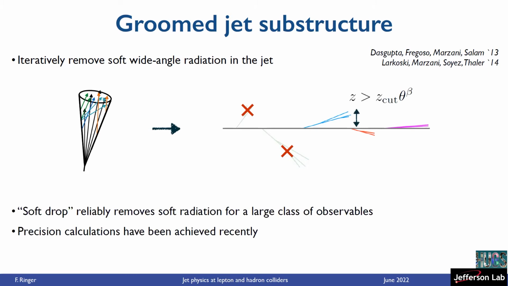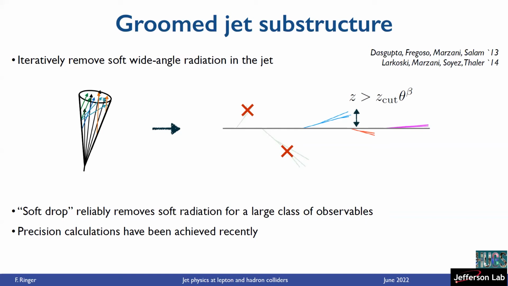It turns out a very useful one is if we require that the energy of the softer branch here is larger than this quantity on the right. First, let's just set this theta here to 0. Then we just have a parameter, z, which is something between 0 and 1. Here we require, for example, that the energy of the branch is larger than z cut, and z cut can be something like 10%.